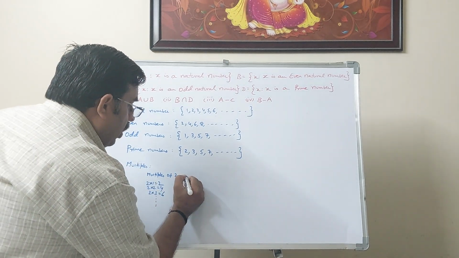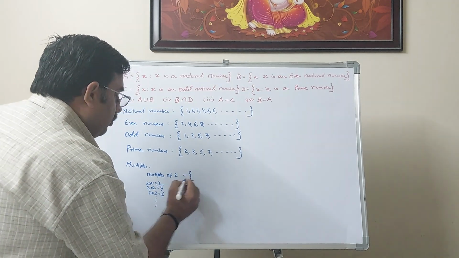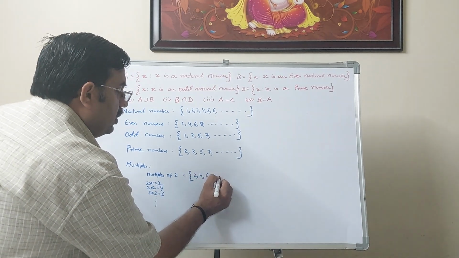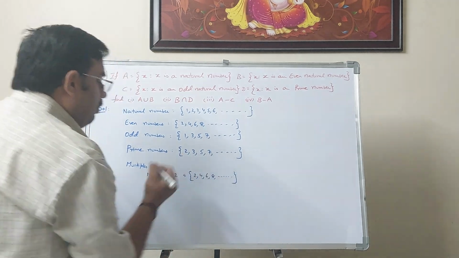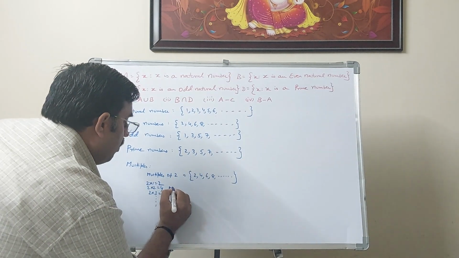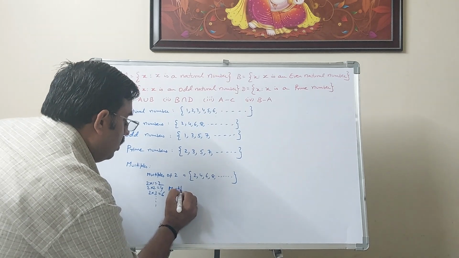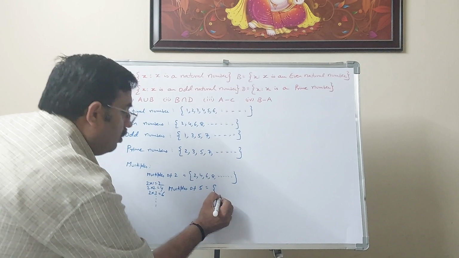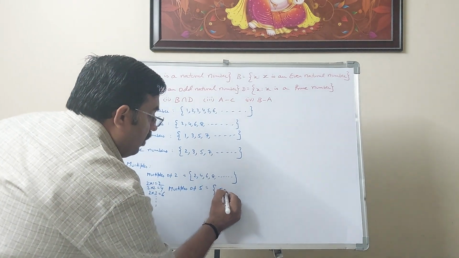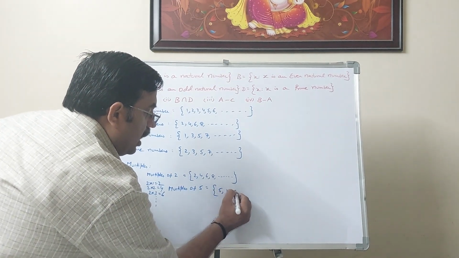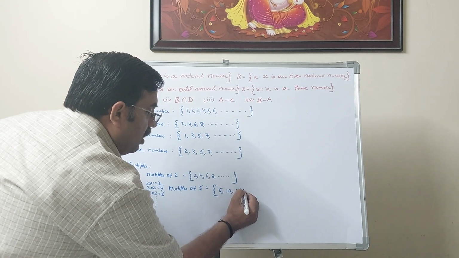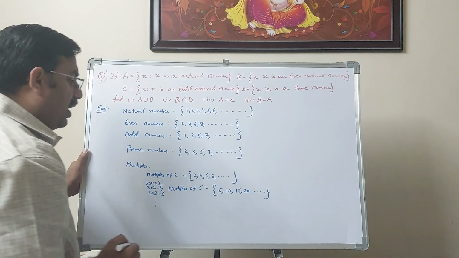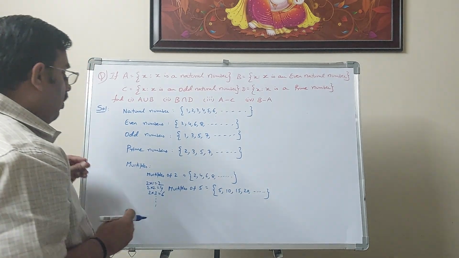So multiples of 2 are 2, 4, 6, 8, and so on. For example, how do you write down multiples of 5? 5 1s are 5. 5 2s are 10. 5 3s are 15. 5 4s are 20, and so on. This is the way you write the multiples of 5.